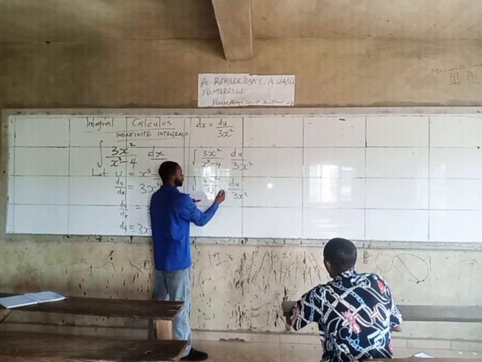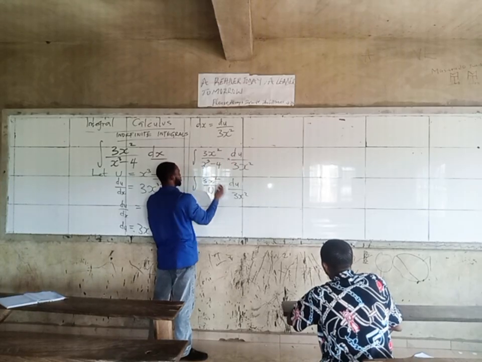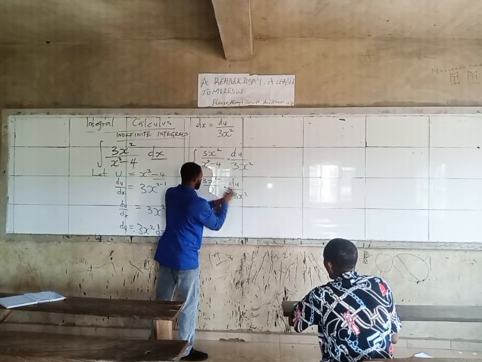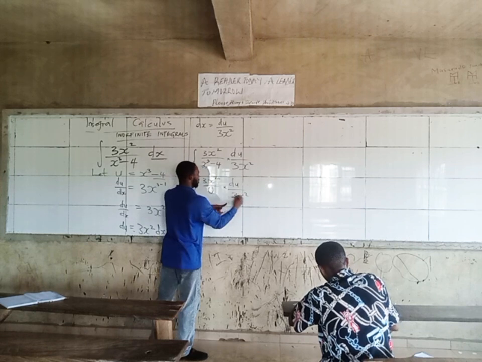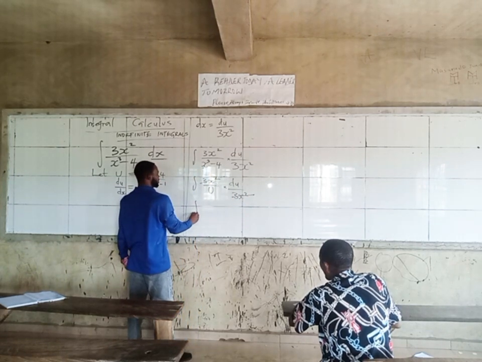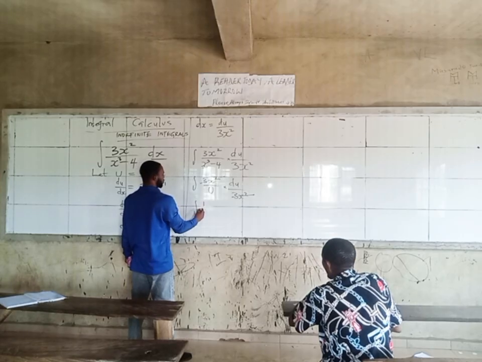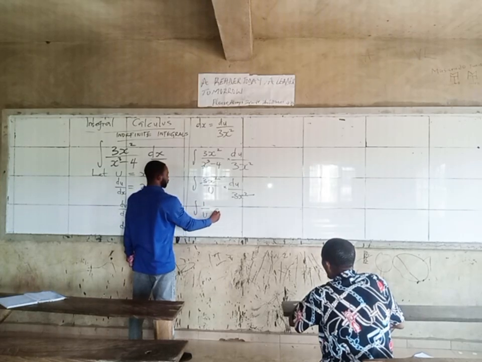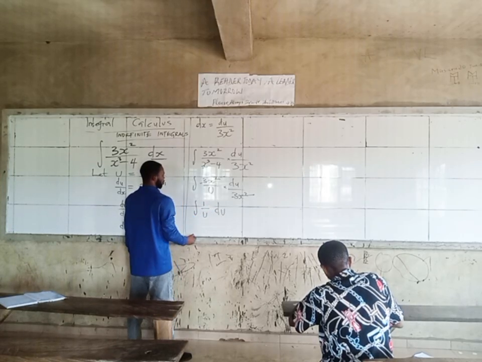Now I have du over 3x squared, and what is separating them now is multiplication. So this can cancel this, so that I now have the integral of 1 over u with respect to u.